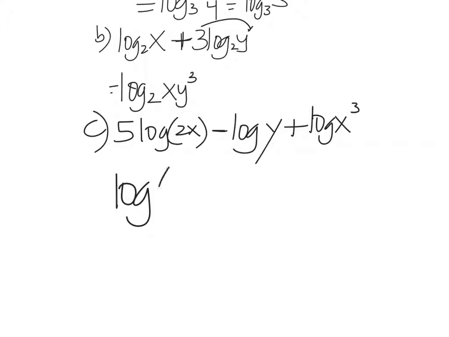Yes, log of (2x) to the 5th over y, and then x to the 3rd goes back up top. Now if it was minus parentheses, then the whole thing would be on the bottom. But there are no parentheses.